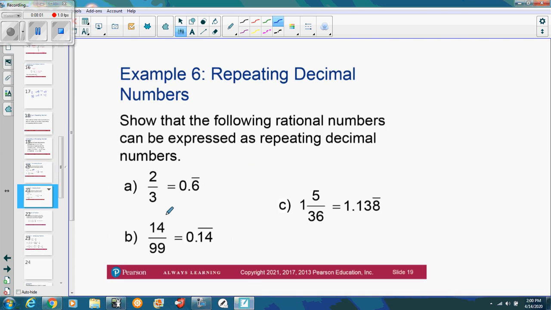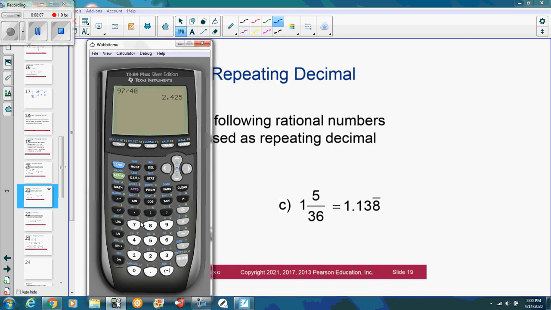Okay, so a repeating decimal, they put the line over the part that's repeating. So like even the 2/3. So you see in my calculator when I do 2 divided by 3, it puts that 7 at the end, because at the end it just rounds. But really it would be represented by a 6 with a line over it.